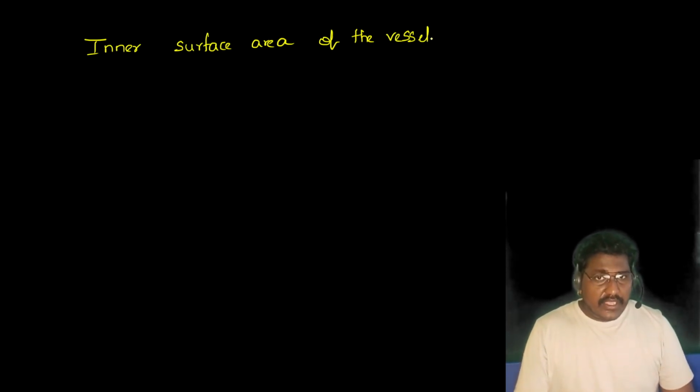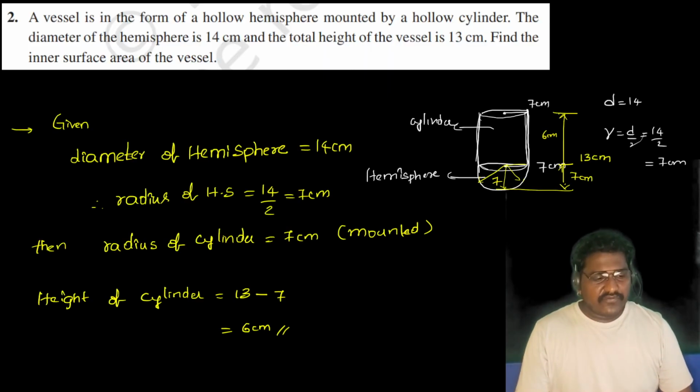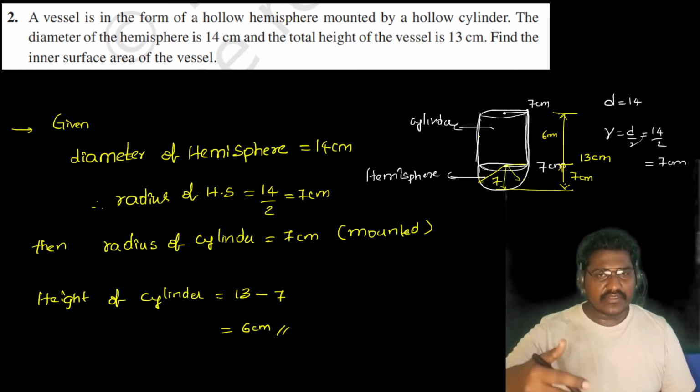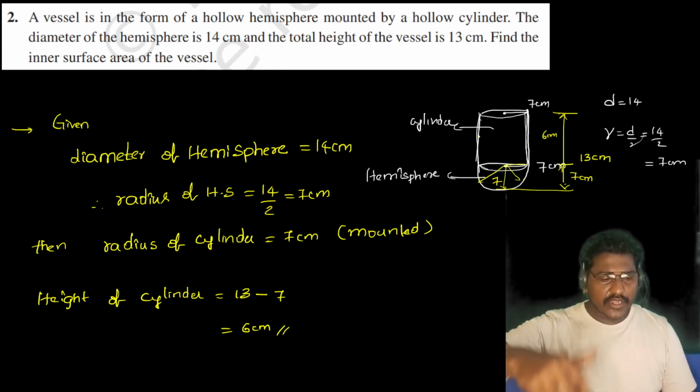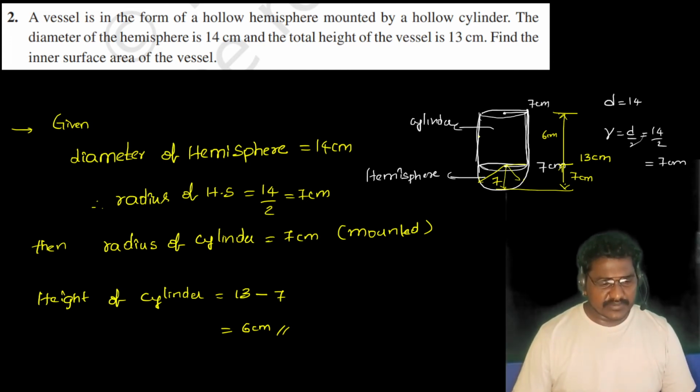Even though it is inner surface area or outer surface area, for this type of figure it is same, because inner surface area means where we can touch with our hand. Here inner surface means the surface area of cylinder and surface area of hemisphere.